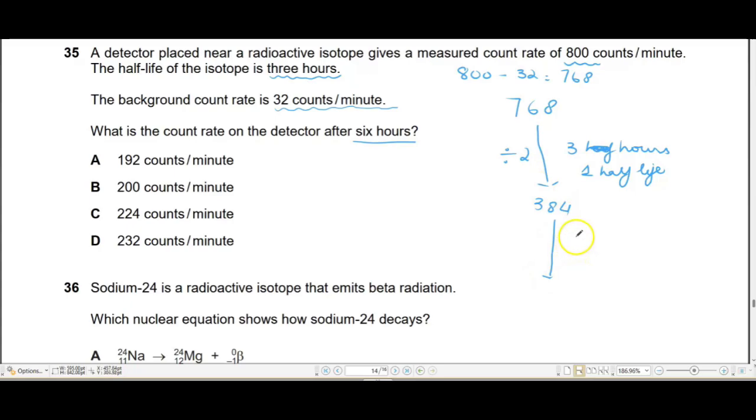After another half-life passes, meaning another 3 hours and 2 half-lives, this is going to be 1/4 of the original. So 384 divided by 2 is going to give us 192. Okay, and they've asked us what the count rate on the detector is after 6 hours. So it is going to be 192, but obviously we also have to add in the background count rate again.